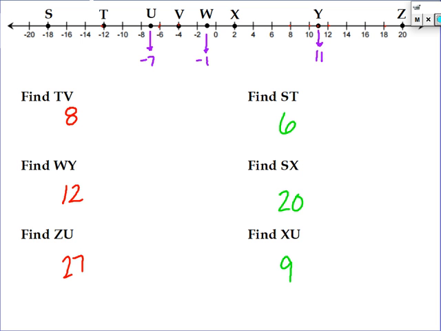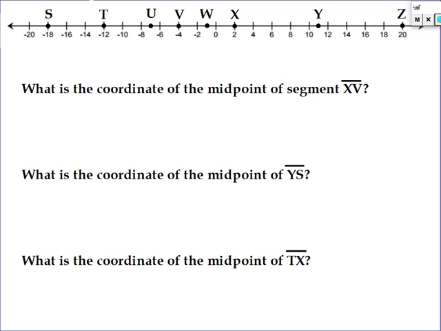So now our last slide here that we're going to do in this video talks about midpoints. And midpoints are just the middle of a segment. So it cuts a segment in half. A point that cuts a segment in half.